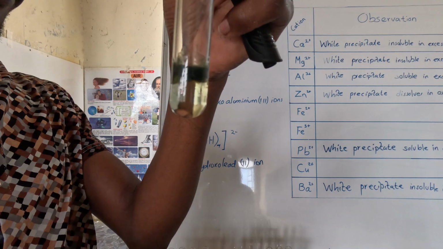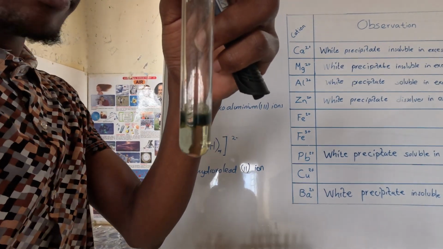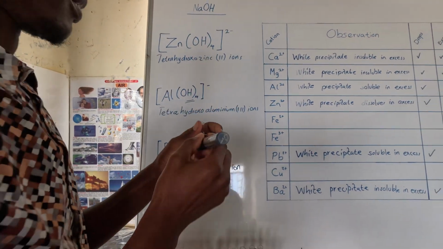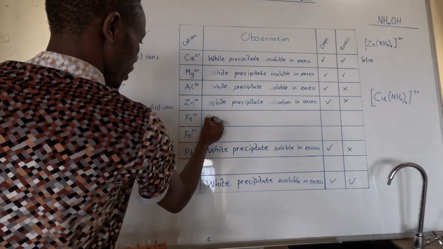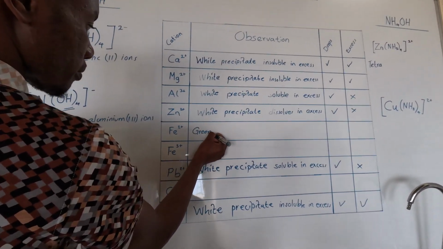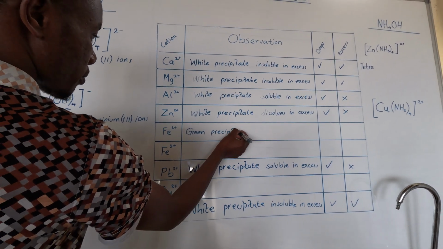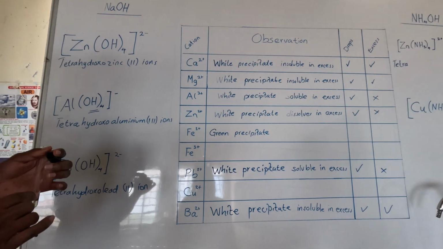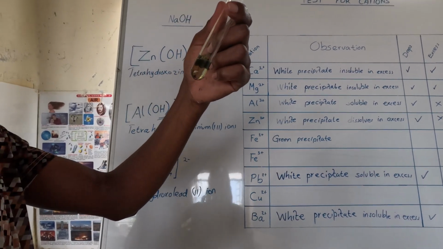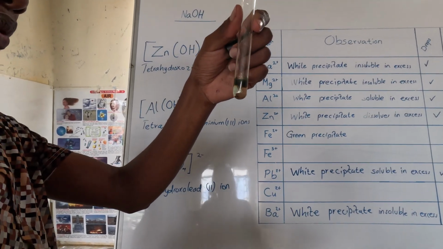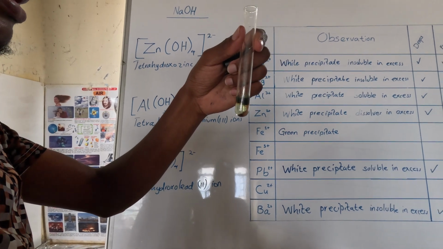So there is a green precipitate. Now, in excess, what happens to this green precipitate?